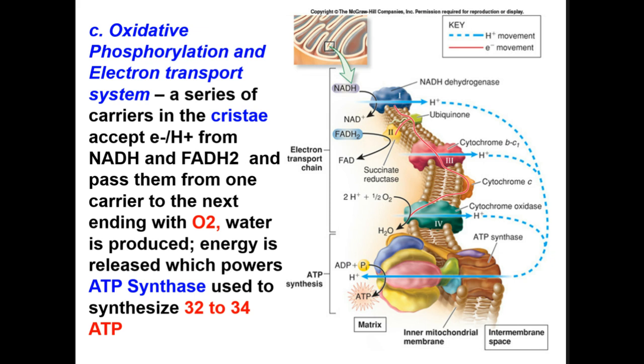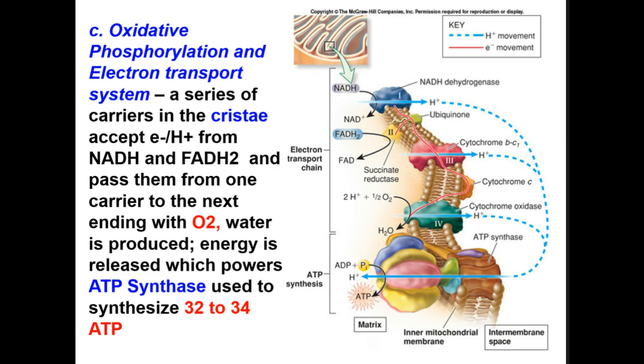Eventually, when they reach the end of this chain, these electrons and hydrogen ions must go somewhere. And so the oxygen that we breathe in acts as the final acceptor, collecting these electrons and hydrogens after they've gone through the electron transport chain. One water molecule is produced for every 2 electrons that go through the electron transport chain.